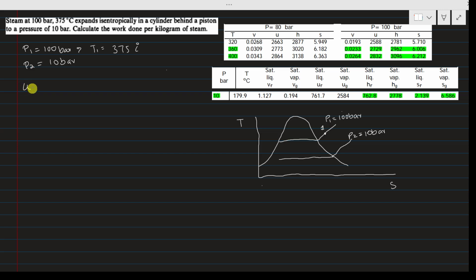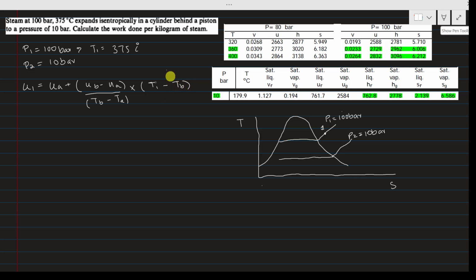So the internal energy U1 at the first state point we calculate from the steam table by using the interpolation formula. You know how to use the interpolation formula; I will summarize here how to use it. U1 is equal to UA plus UB minus UA divided by TB minus TA, multiplied by T1 minus TA, the temperature at which you need to find the U1 value.